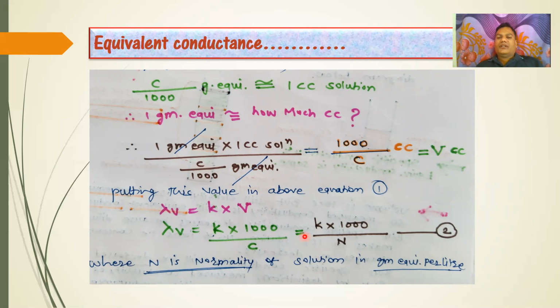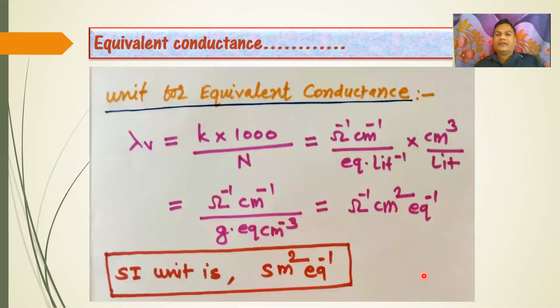So what is the equation now? It is simply K into 1000 upon N, or K into 1000 by C, where this C is the concentration and N is the normality of solution in gram equivalent per liter. So in this way we can define the specific and equivalent conductance.